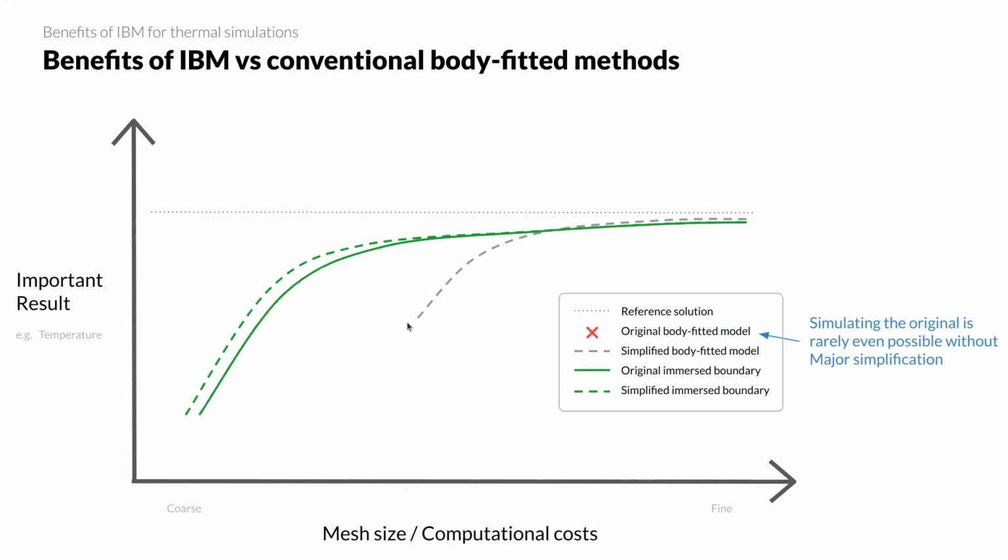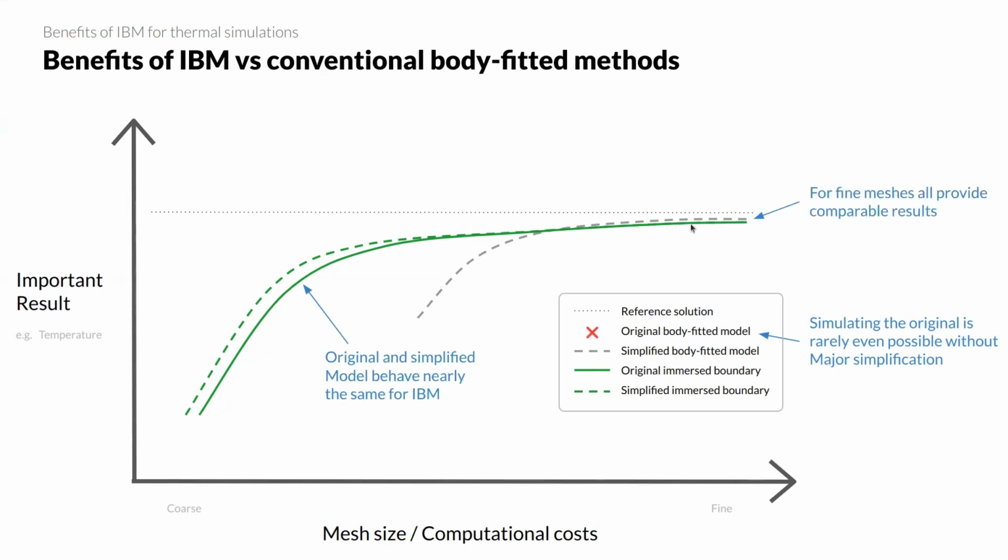Even more importantly, it looks exactly the same or almost the same for the original model, right? Because our mesh sizes are expected for similar finenesses to result in the same simulation setup, the same simulation that gets solved for both the simplified and original model, meaning we don't actually even need to do the simplification, and that is great.